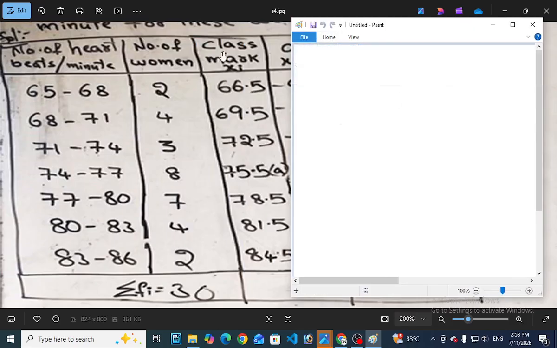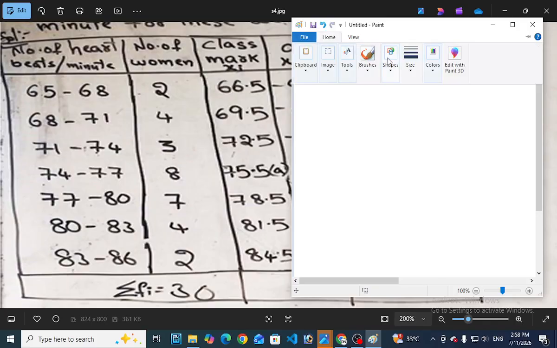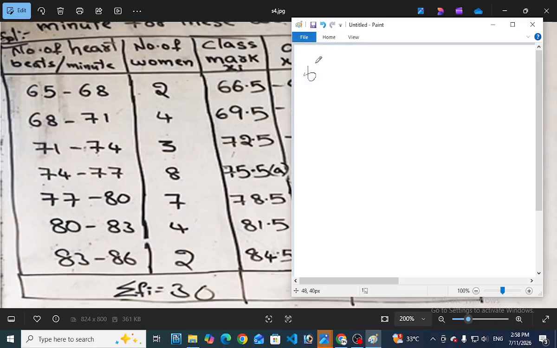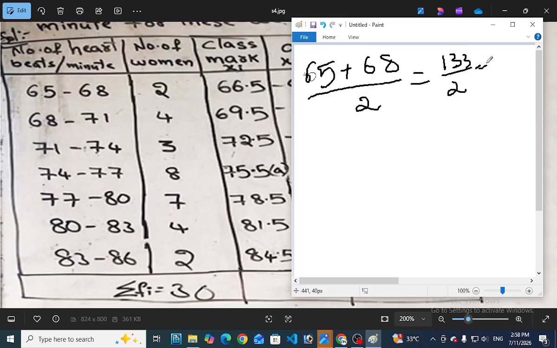To find the class midpoint, we take the lower class and upper class average. If you cancel that, 66.5 is the class midpoint. We are taking the 66.5 midpoint as class mark for the first class.